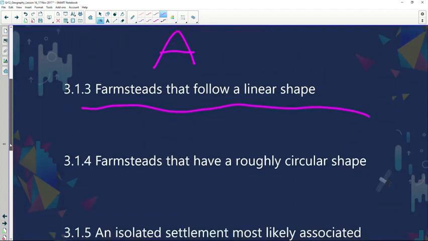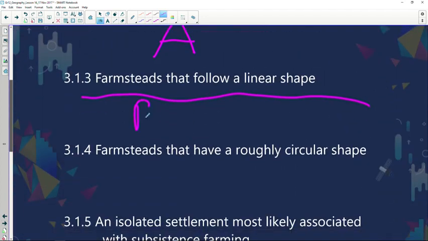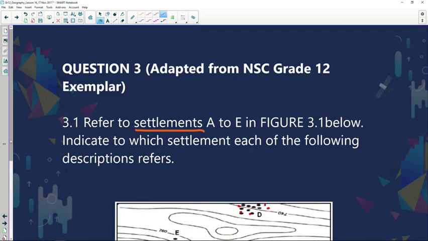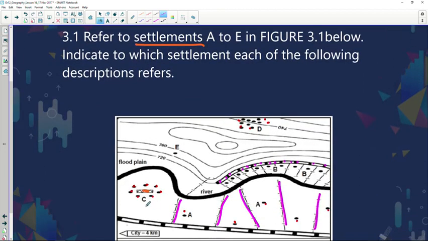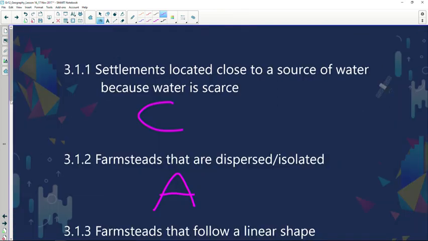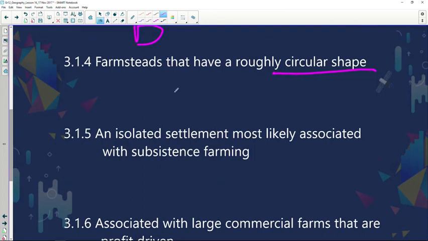And the correct answer over there is B. If you look at question 3.1.4, farmsteads have a circular shape, and let's go back over there. As you can see, look at this farmstead, we see it's in a circle. So the correct answer over there will be C.